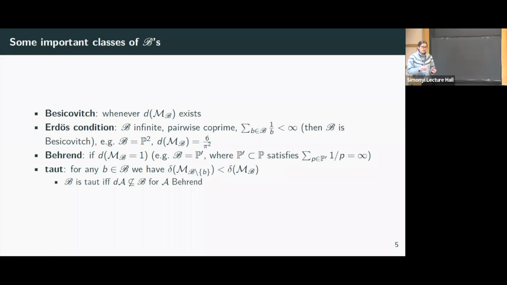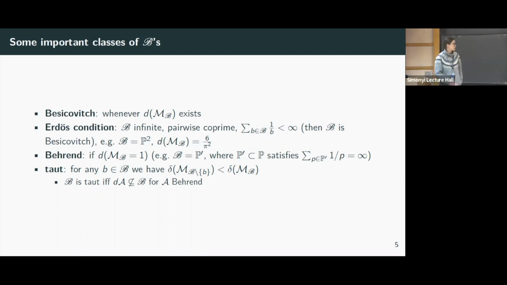And then, at the opposite end, we have Behrend sets. So this is when the density of the set of multiples is equal to 1. So for example, you take a subset of primes with non-summable series of reciprocals and you get a Behrend set this way.